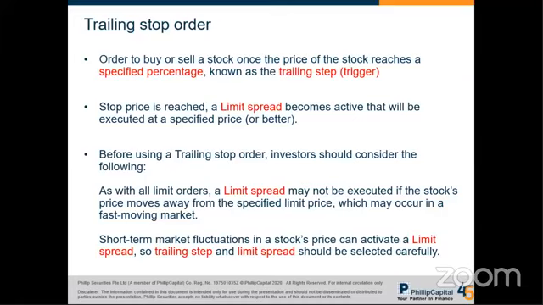Same thing, when you are considering a trailing stop order, you need to consider the price movement of the counter. A limit price may not be executed if the price movement is very fast in a fast moving market. That's why you always need to consider the limit spread, trailing stop, and limit spread carefully.